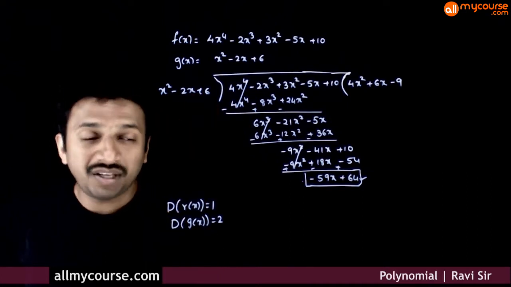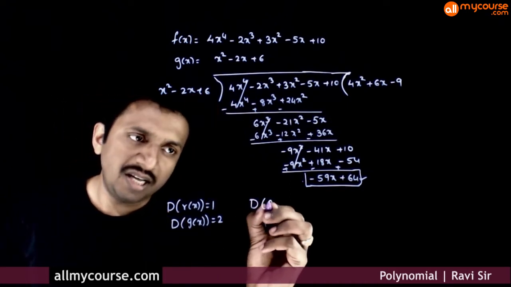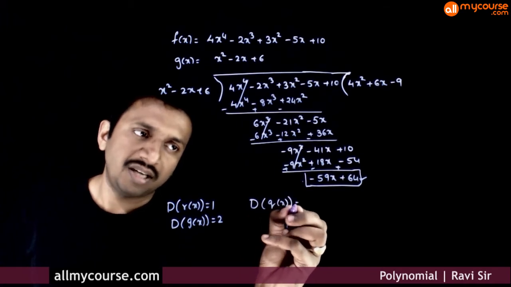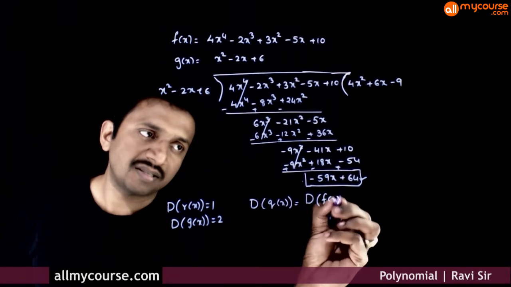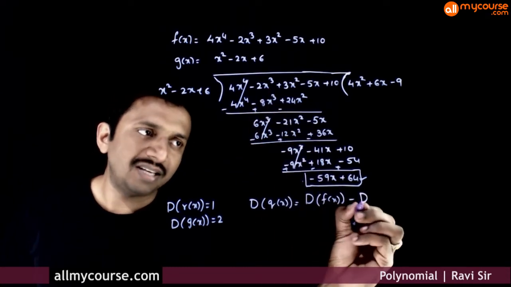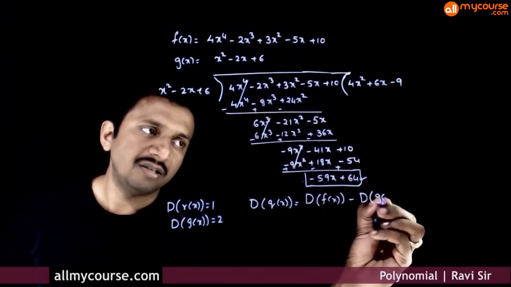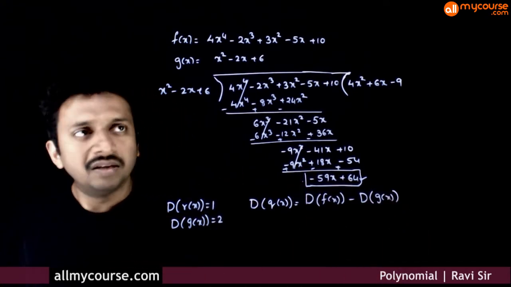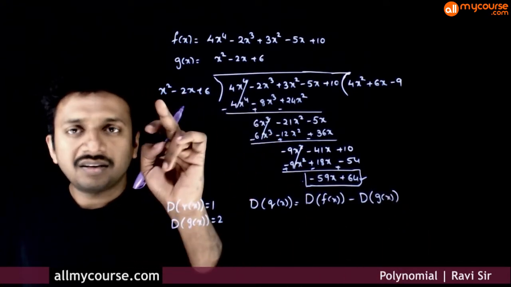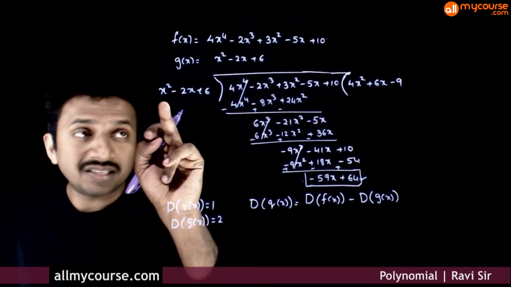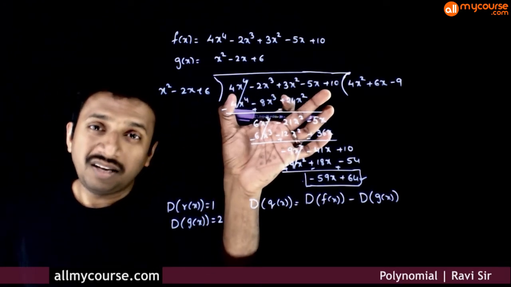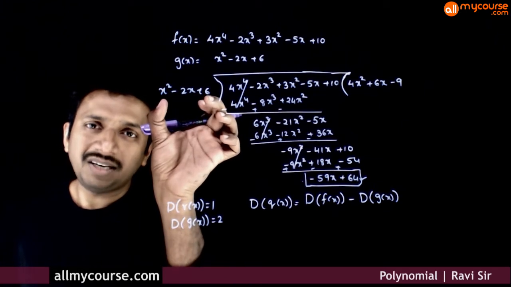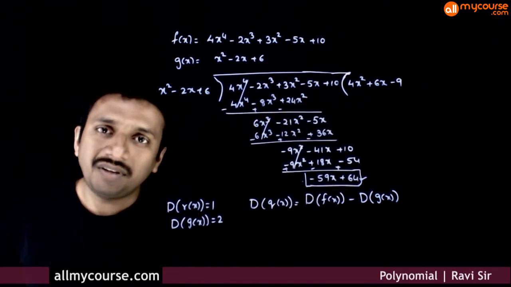And what is the degree of the quotient? The degree of q of x is the degree of the dividend f of x minus the degree of g of x. So the degree of the dividend minus the degree of the divisor gives you the degree of the quotient.